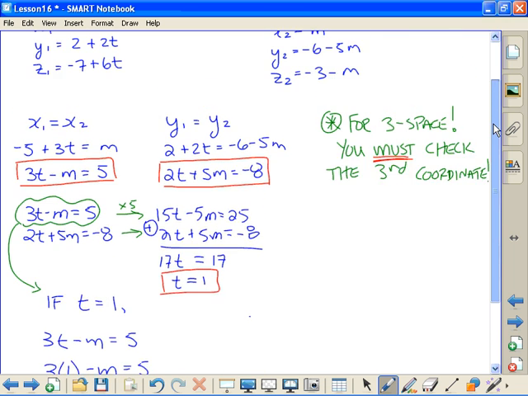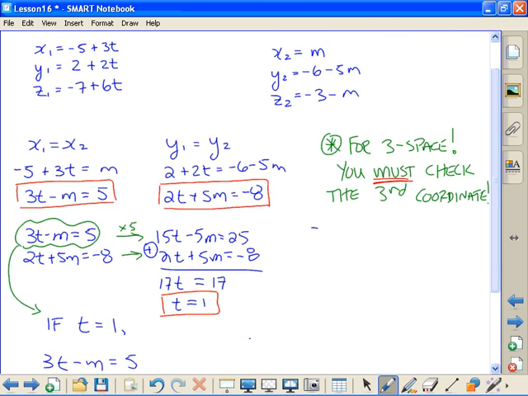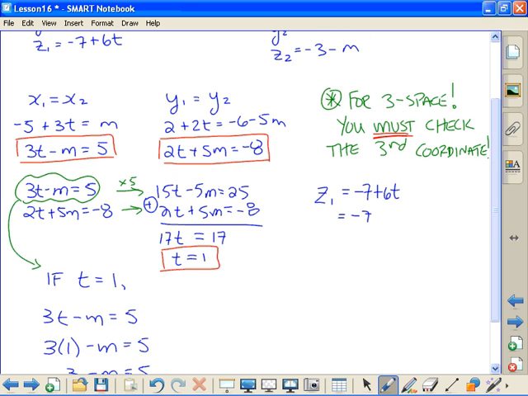So from the above, you want to find that Z1 equals Z2. When you go through and do the check, there are a couple of ways to do this. Let's not simplify or solve that. Let's just go with Z1 equals -7 plus 6t. So -7 plus 6 times our t value, which is 1. So we end up with -7 plus 6, so that means Z1 is -1.